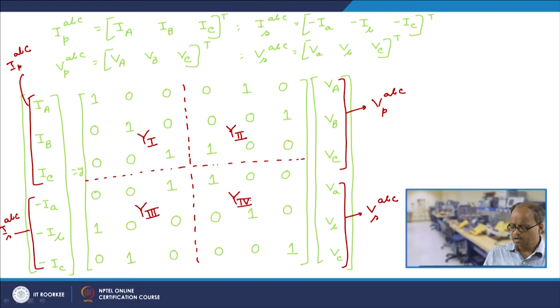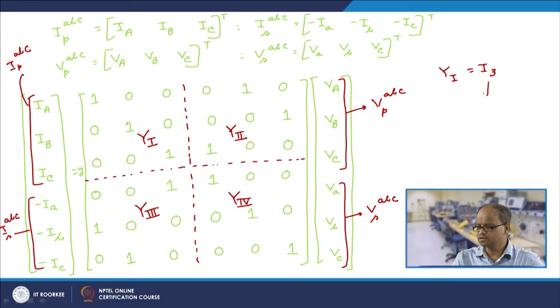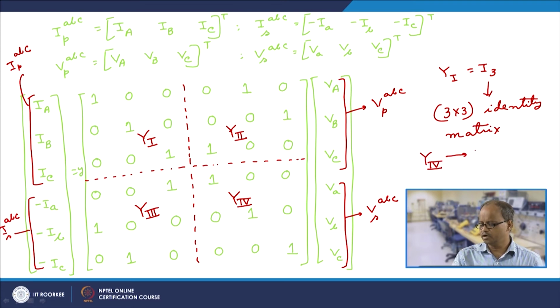Y1 is nothing but I3, an identity matrix of 3 cross 3. Similarly, Y4 is also I3, a 3 cross 3 identity matrix.